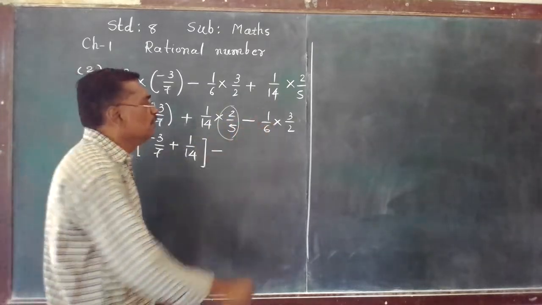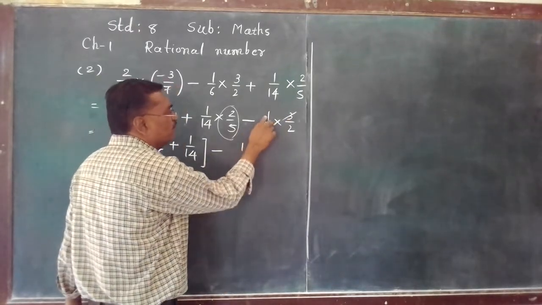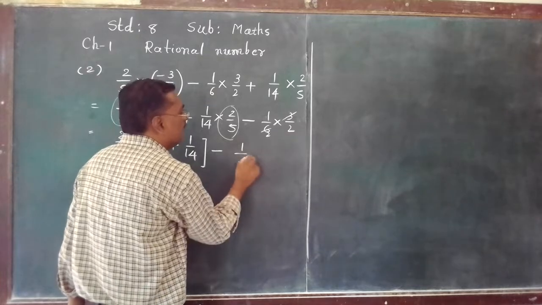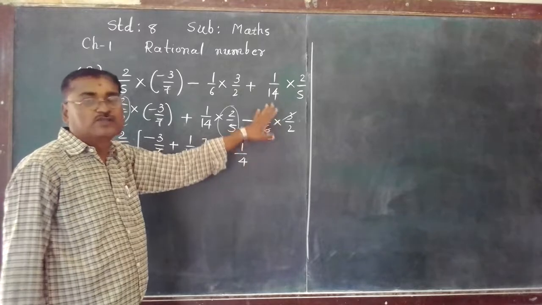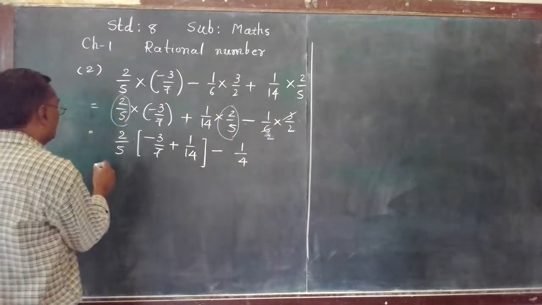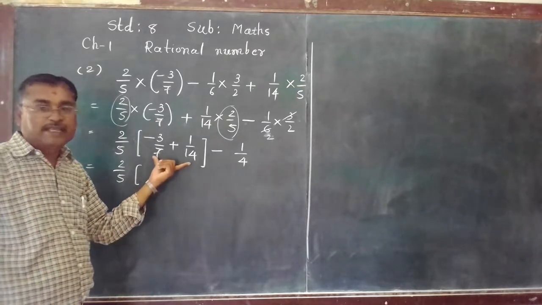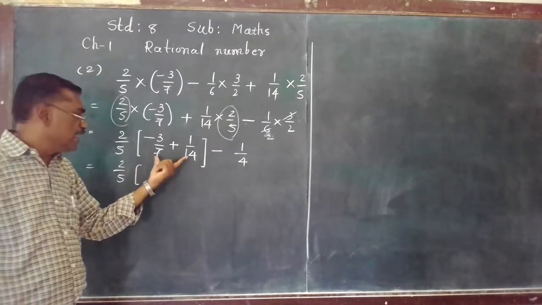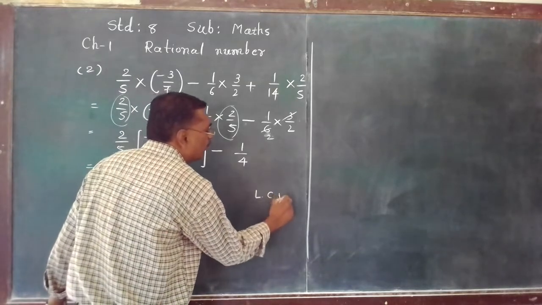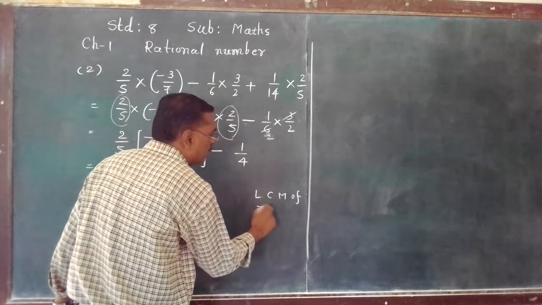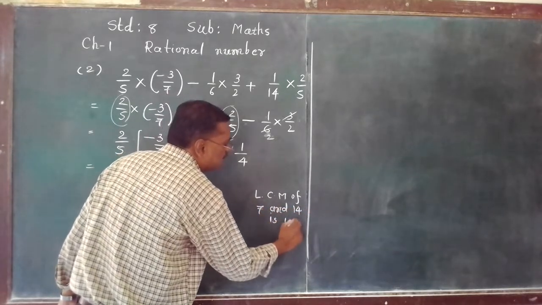Here is the multiply, so we can cut the numbers. 3 to the 6 minus 1 upon 2 to the 4. Now 2 upon 5, simplify this bracket. We know that 7 and 14. LCM of 7 and 14 is 14.